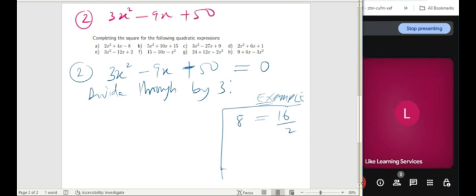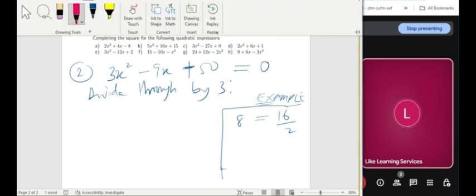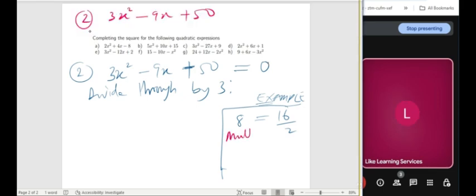I'm still here. Okay. Yes, 8 equal to 16 over 2. Multiply both sides by 2. Will it still be valid? That's the point. The thing is about validity. Multiply both sides by 2. Will it still be valid?